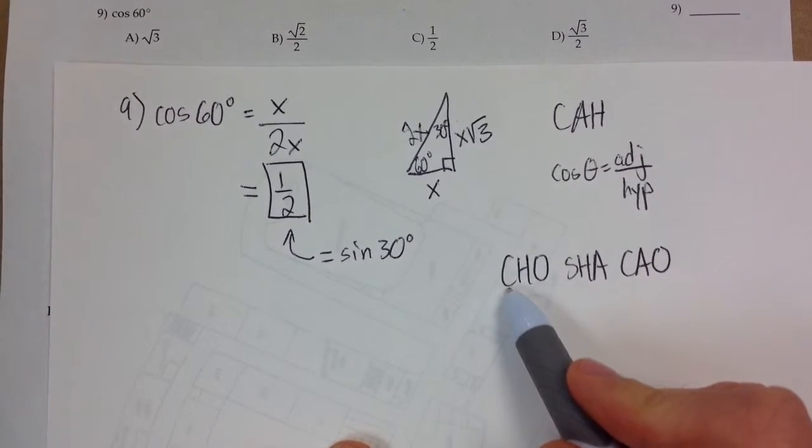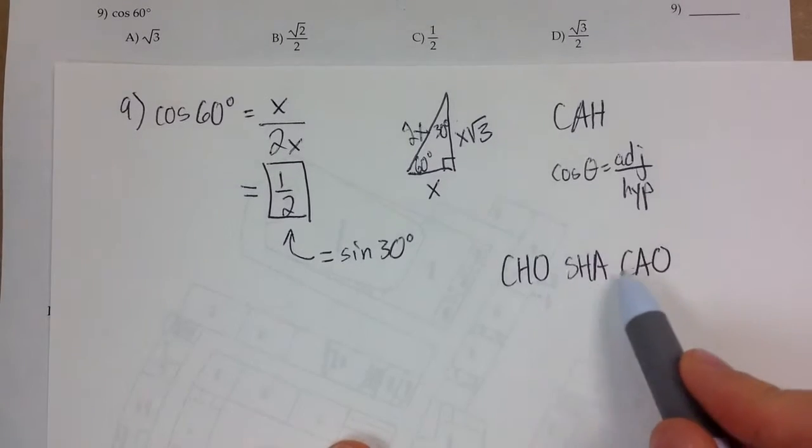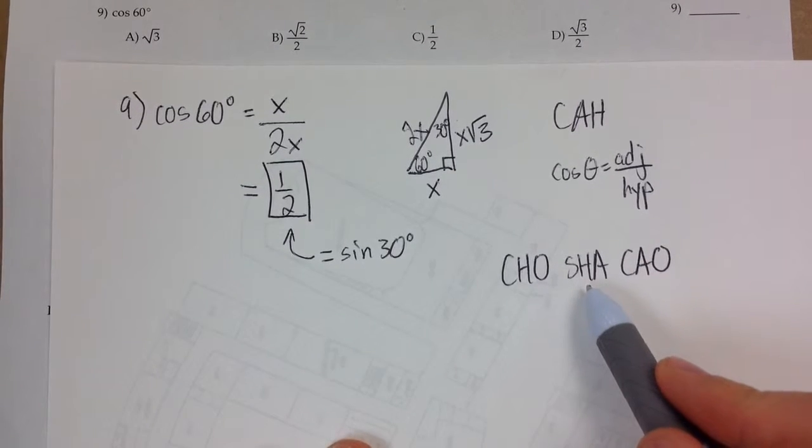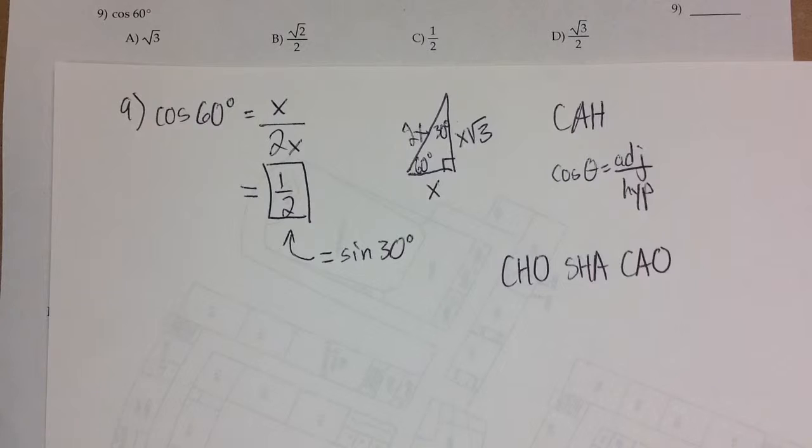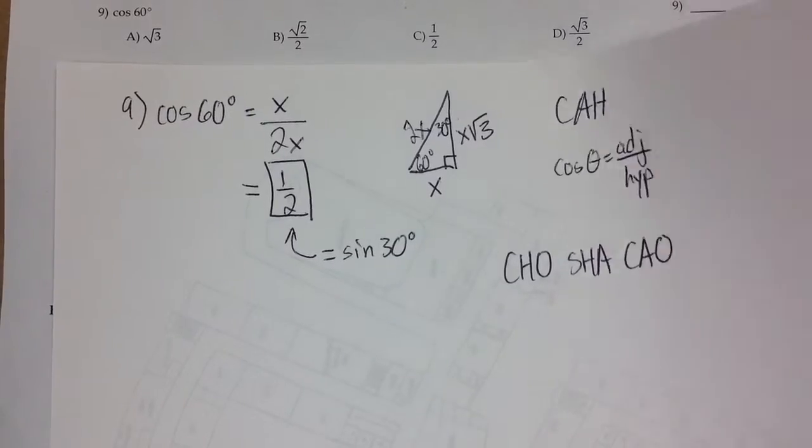Cho-sha-cow is for the reciprocal ones. I didn't know that. But I would say very few people remember this. They just remember SOHCAHTOA, and then they remember who is whose reciprocal. If you want to use it, be my guest, though.